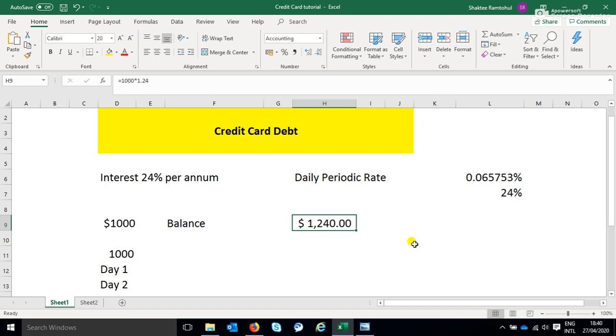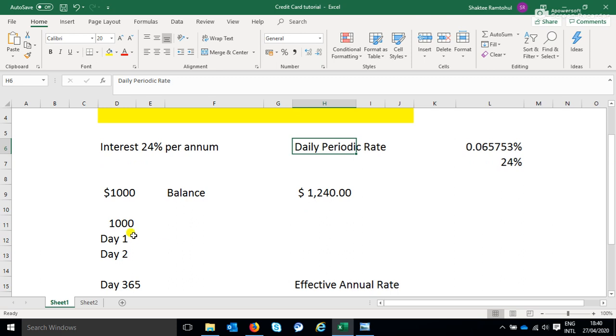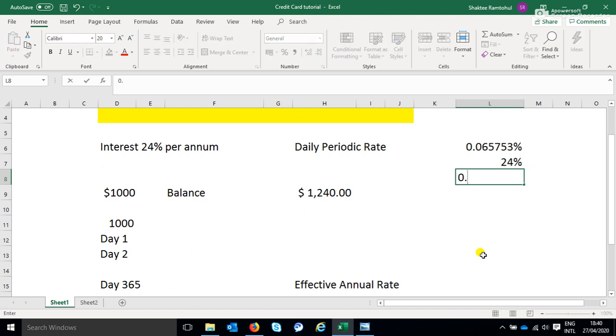But here's the catch. Because you're given a daily periodic rate, what the banks are doing, they are compounding this rate on a daily basis. Let me show you how this works. So let's say you're carrying this amount here. Now, if you want to convert this percentage into a normal figure, so we don't want the percentage, it's normally 0.00065753.